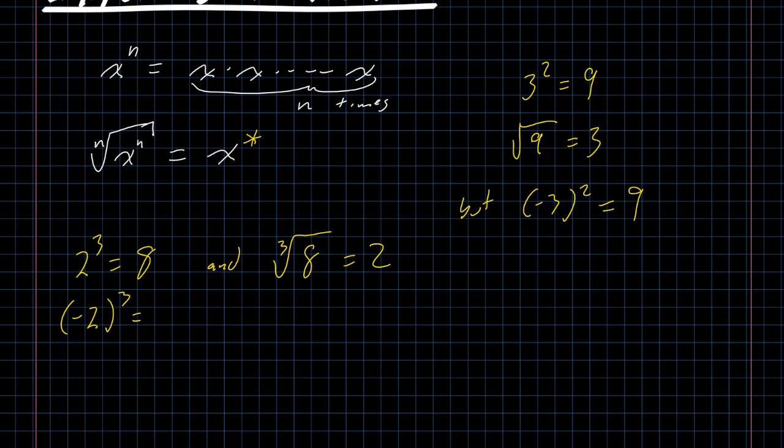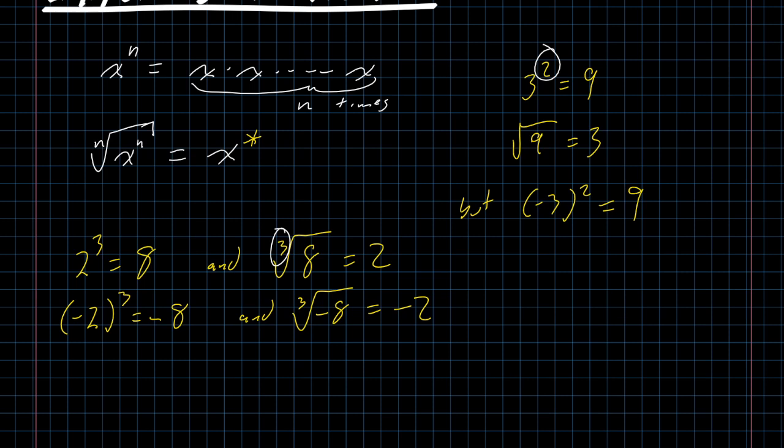Positive 4 times negative 2 is negative 8. And the cube root of negative 8 is negative 2. So when your exponent is odd, you have no issues with roots. When your exponent is even, you can have issues when you're dealing with negative numbers.